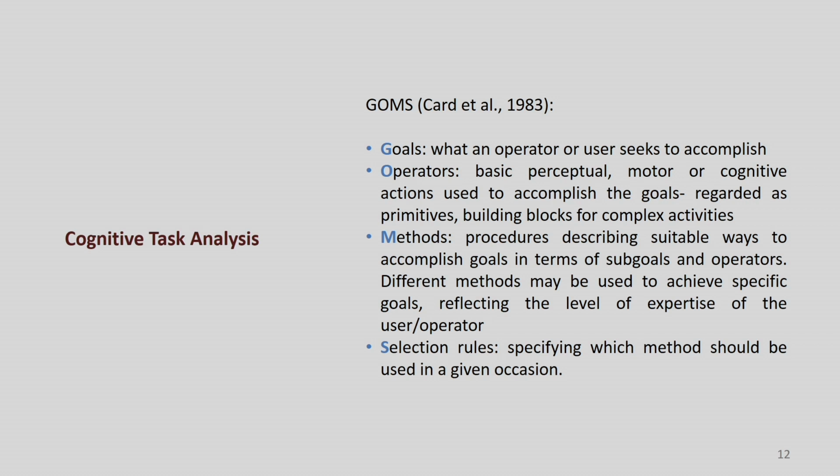And finally, the selection rules specify which method should be used on a given occasion. For each occasion we cannot use everything, so depending on the requirement and the context, which is very important for any ergonomic workplace evaluation, we will be selecting those rules. So, this is called GOMS.